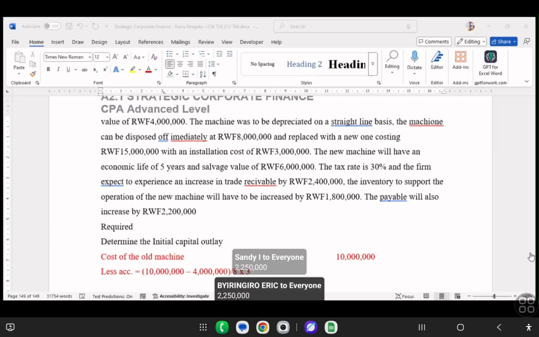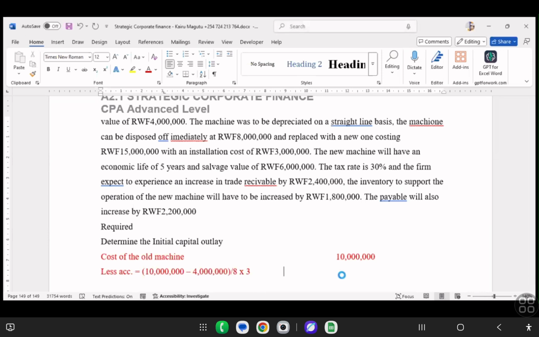Yes, I see a majority giving 2250, so I'll put the 2250 here. So what is the current net book value?